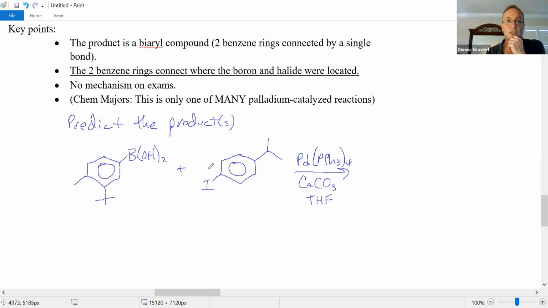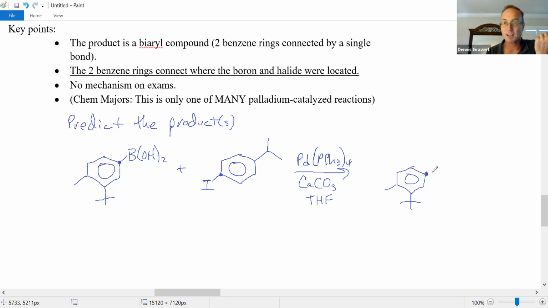What do you do? First, you have to recognize, oh, there's boron. Oh, there's this palladium crazy molecule. This is the coupling reaction, the Suzuki-Miyaura reaction. And wherever the boron is attached and where the halide, iodide's a halide, that's your point of connection. So copy everything else. So starting on the left side, I'll copy the benzene ring with a methyl and a tert-butyl group.